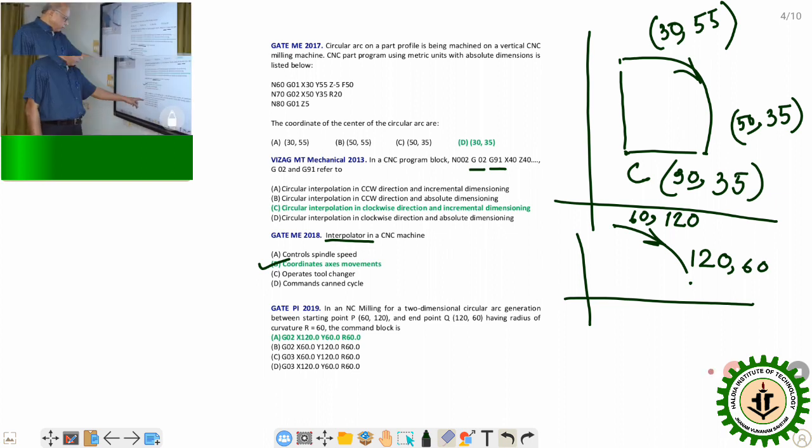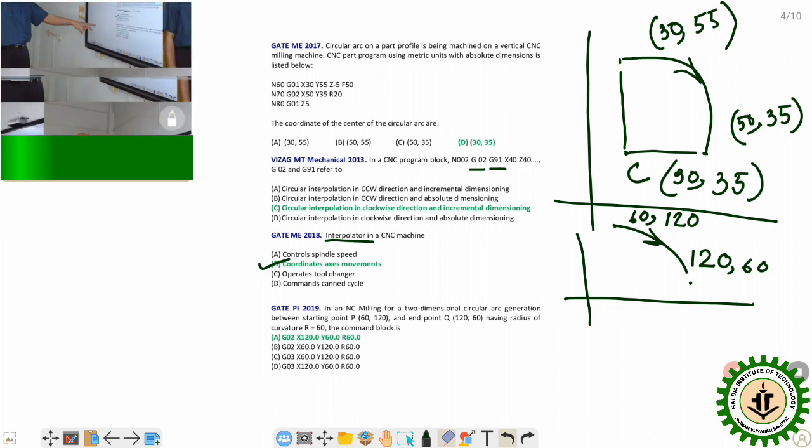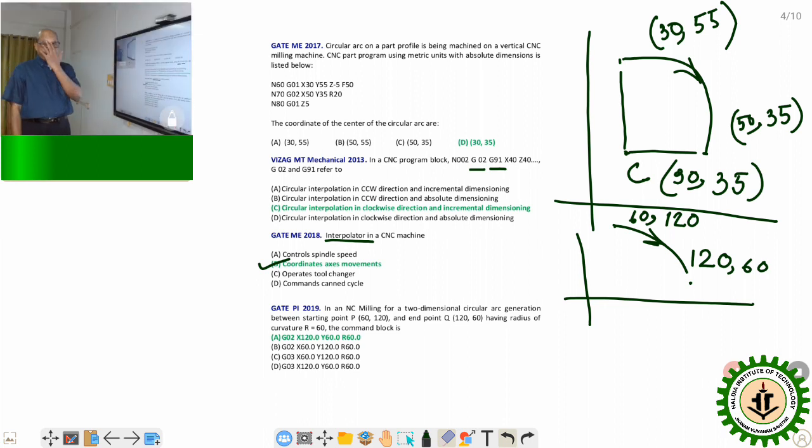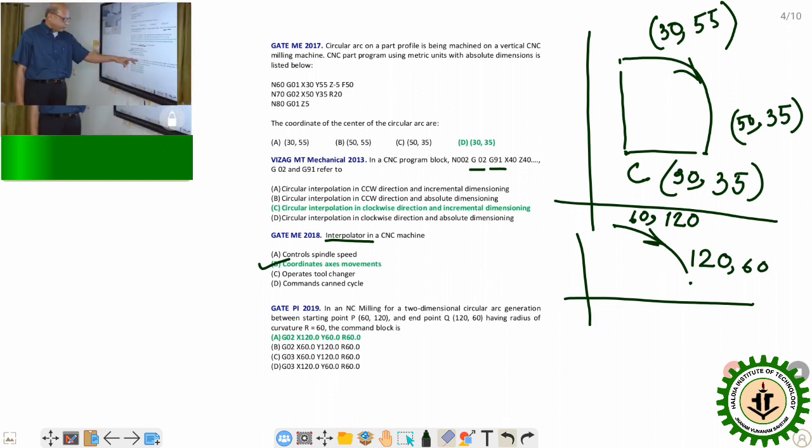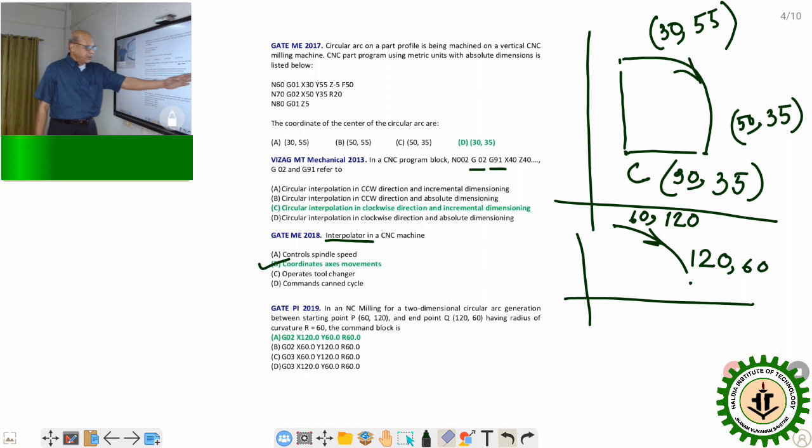And in the option B, it is X60 Y120. In that case, the movement would have been different. So to satisfy this particular requirement, it is moving from P to Q, where X value increases, Y value decreases. So definitely the correct option will be A, the first one. So this is the correct option. The logic is similar to the previous one.